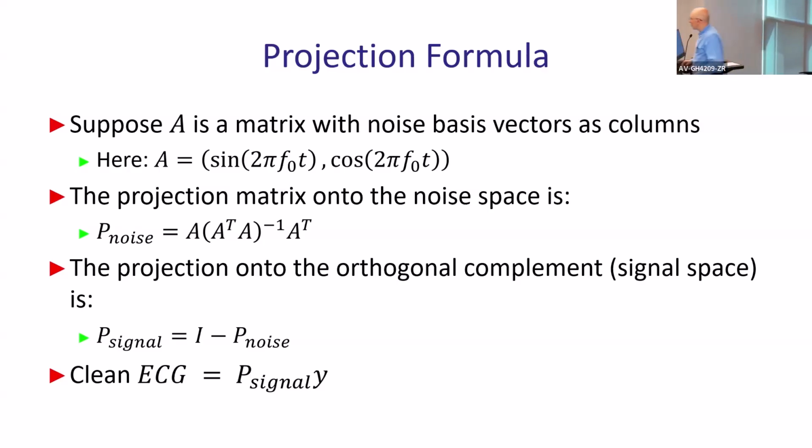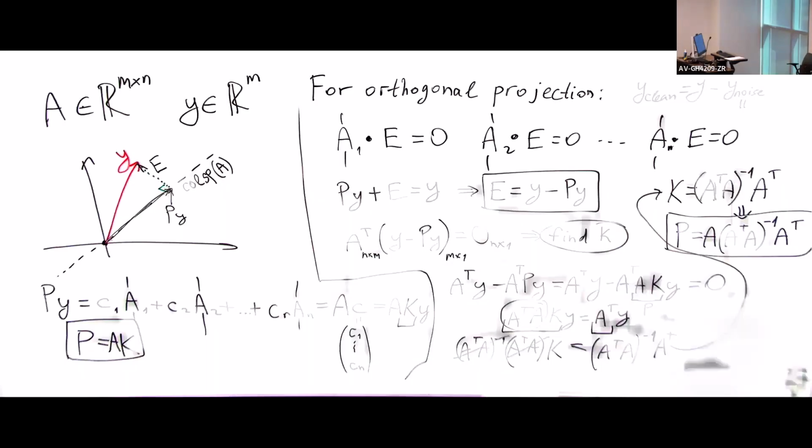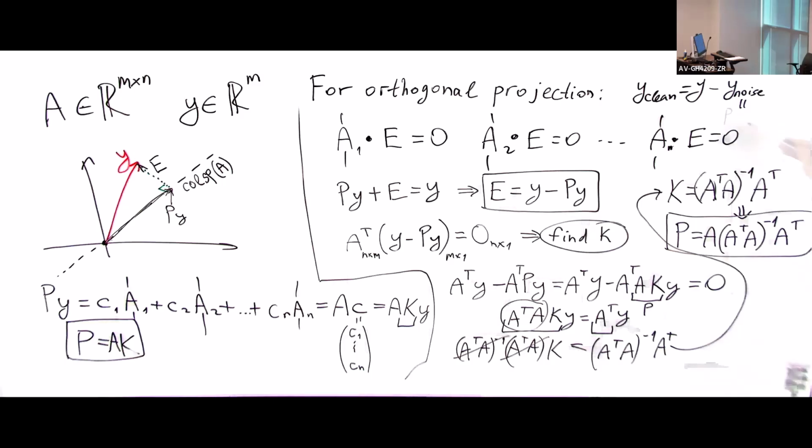So here, Y clean equals the original Y, which is noisy Y, minus Y noise. Right? We discovered already that Y noise is P noise times Y.